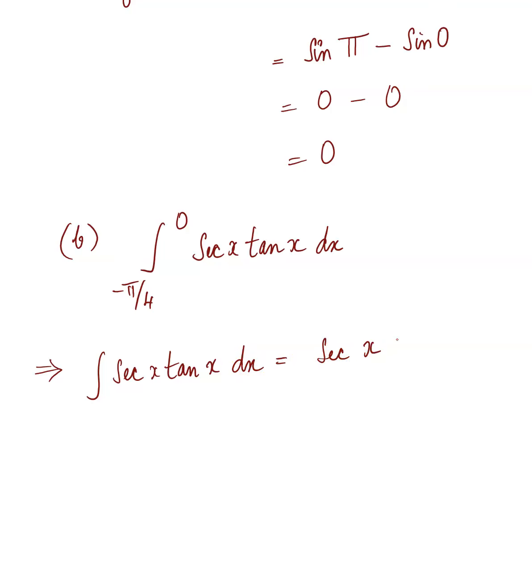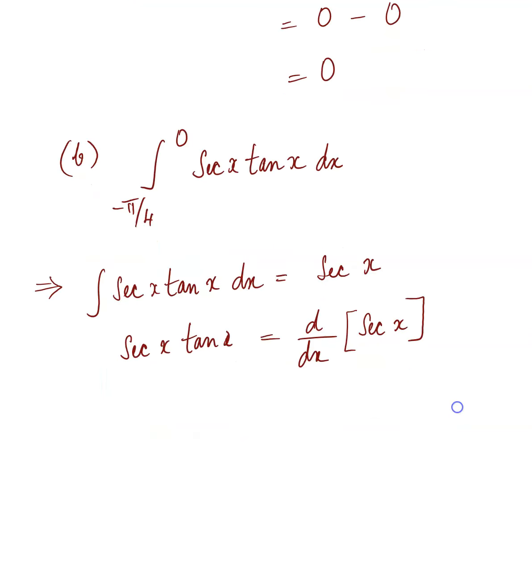Or if you went back to derivatives, secant x tan x was the result if you took the derivative of secant x, right? So they must be the same, because one is the reverse of the other. So you're basically reversing the process. All right, either way, we know that the integral of secant x tan x is secant x.